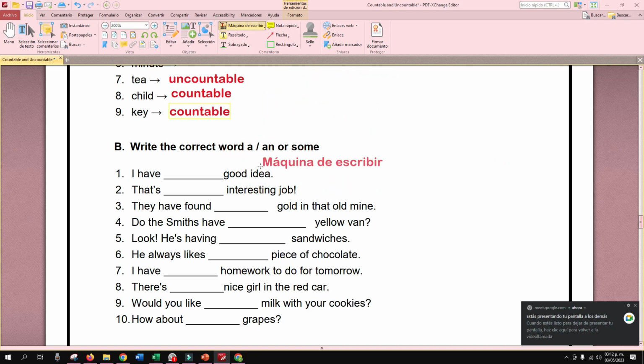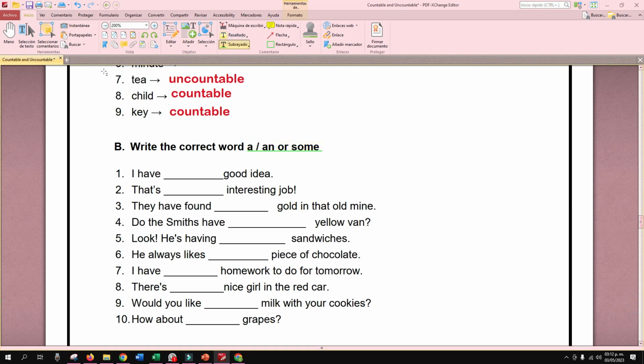Let's see this one. Write a correct word: A, AN, or SOME. So you have this one, right? I have a good idea. Perfect. That's an interesting job. Which could be that one?